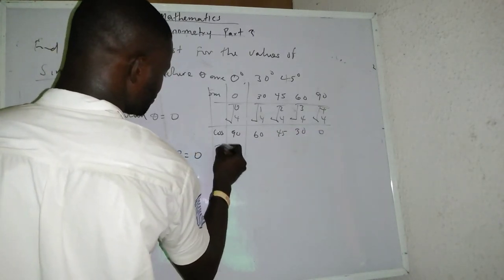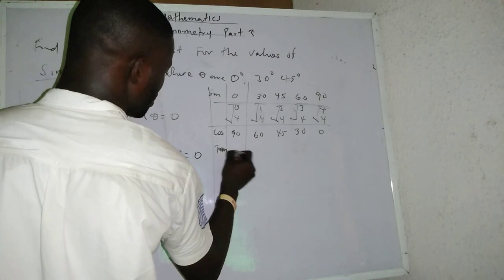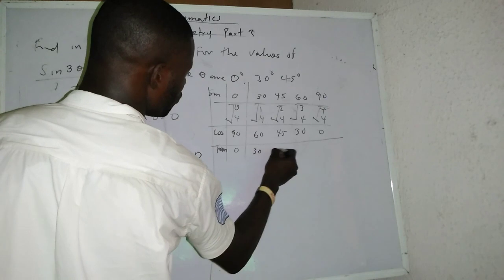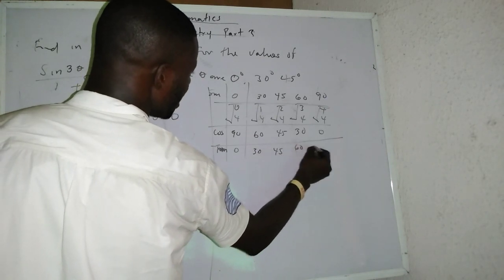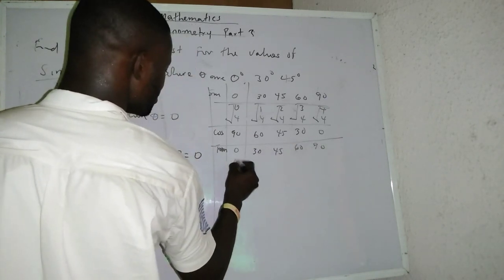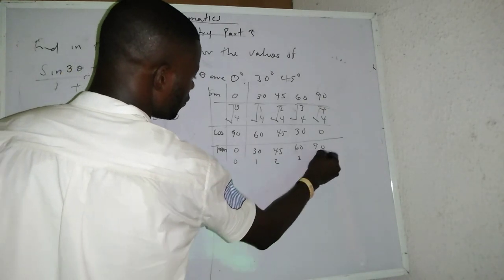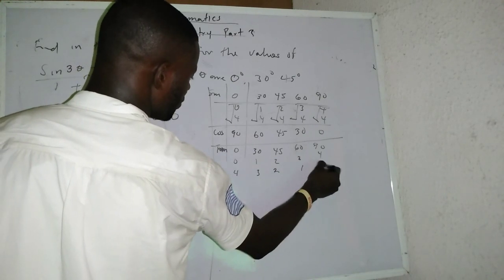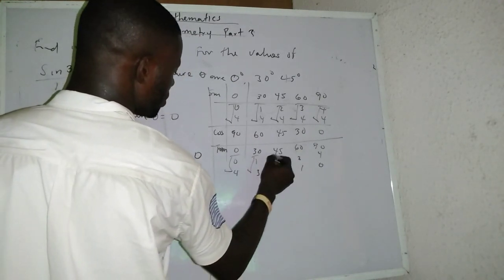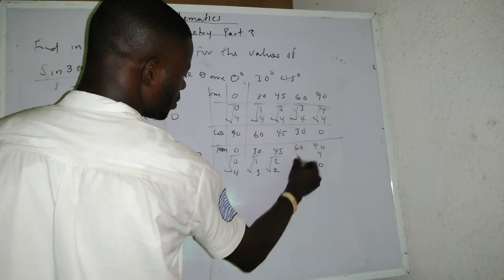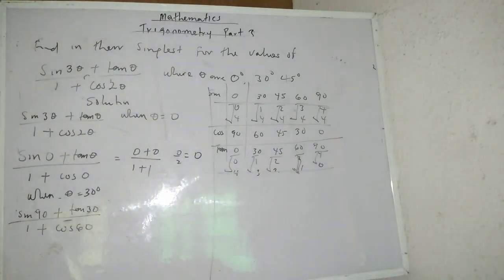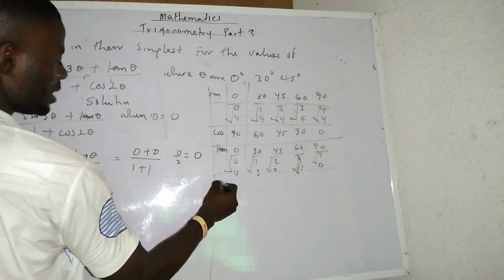For my tan, it will be working like this: 0, 30, 45, 60, and 90. We have 0, 1, 2, 3, 4, and 4, 3, 2, 1, 0, with root. That is my tan.